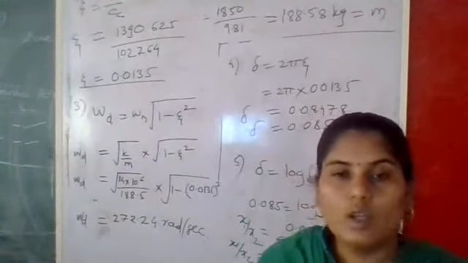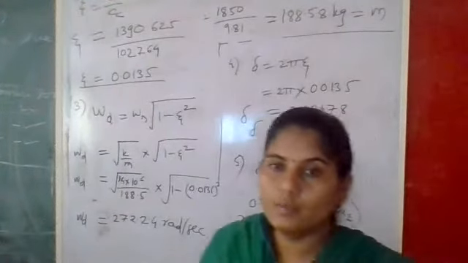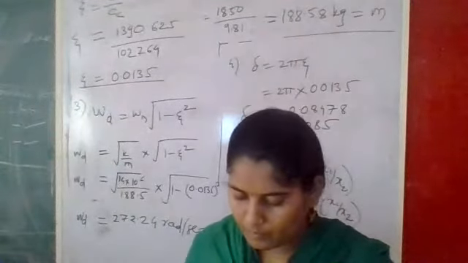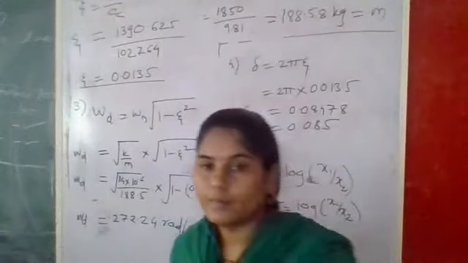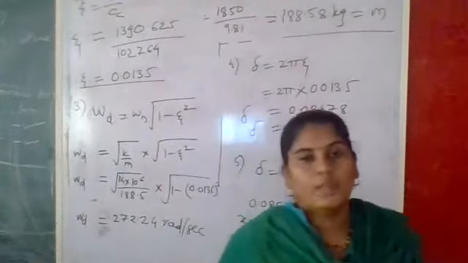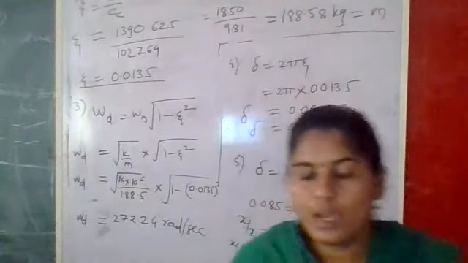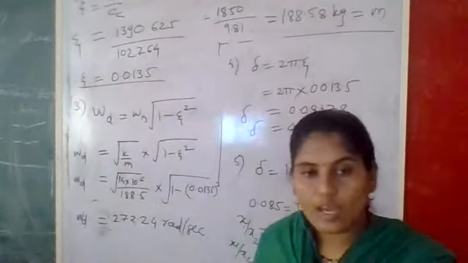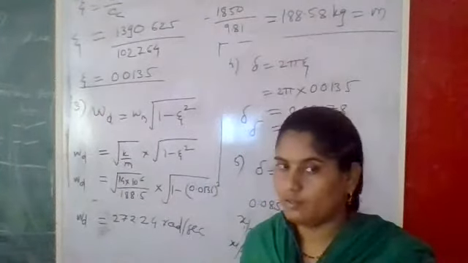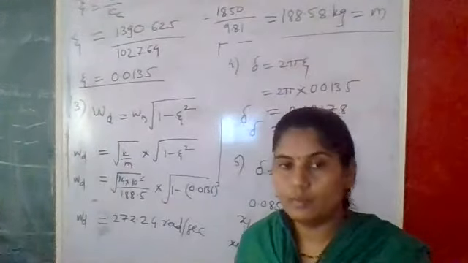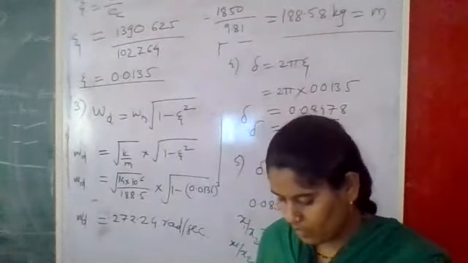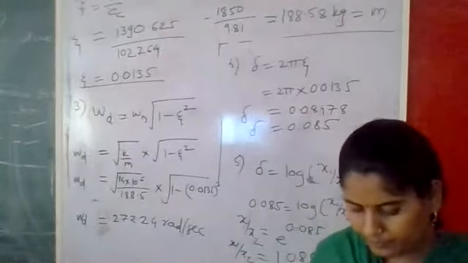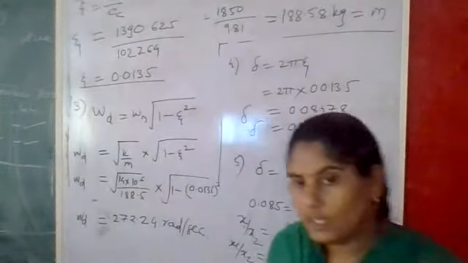And third one, logarithmic decrement at the spring constant K is equal to 5000 Newton per meter. Okay. Once again, I will tell the problem.